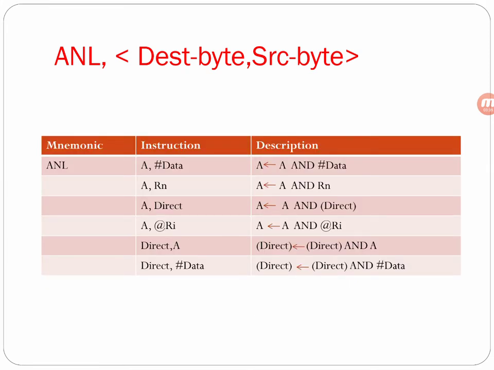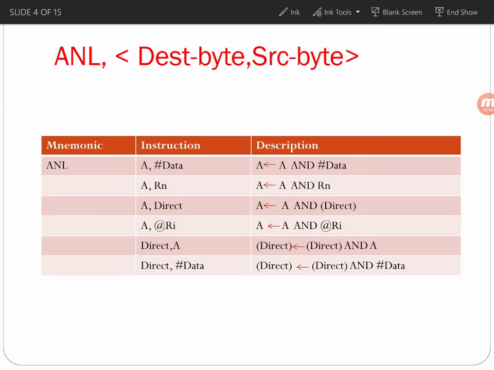This slide gives you the various forms of the ANL instruction. First, ANL A, #data: the content of the accumulator register is ANDed with the immediate 8-bit data, and the result is saved in the accumulator register.